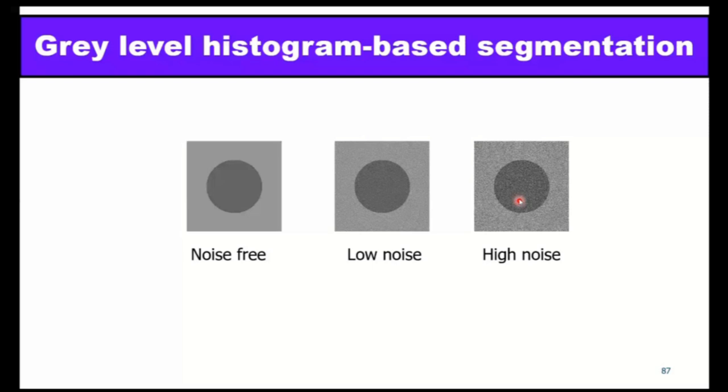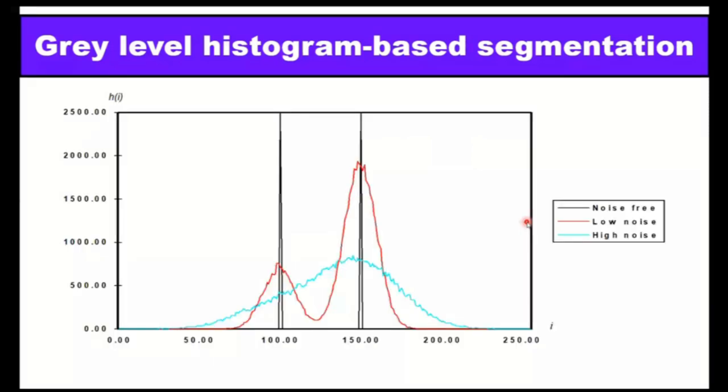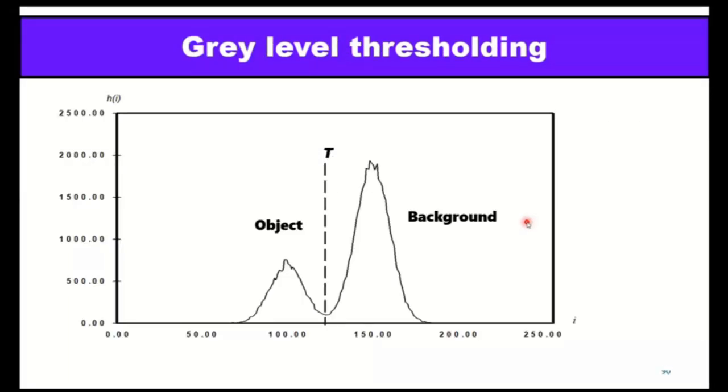So we apply histogram based segmentation where gray levels are there, so we can identify where the background is, where area 1, area 2 are, likewise. We apply histogram based gray level thresholding, so we can have different profiles. Background is there, object is there, and depending on this we can apply a threshold and remove that particular area, so the object will come out.